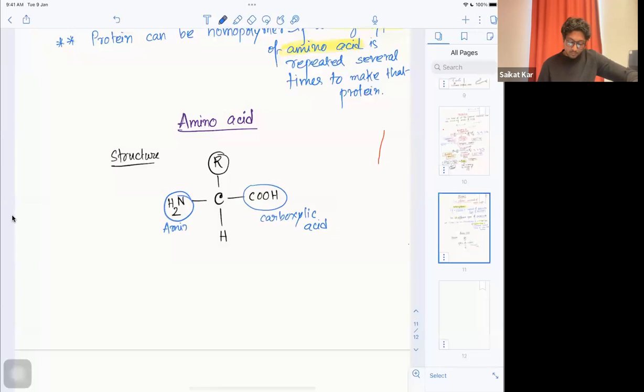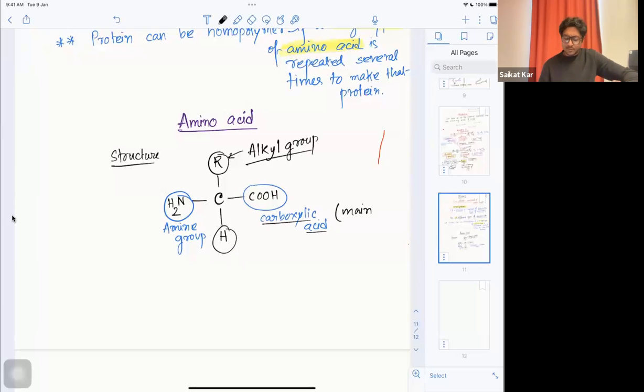Amine group. So a structure having amine group and carboxylic acid group, and there is alkyl group. This structure is called amino acid.